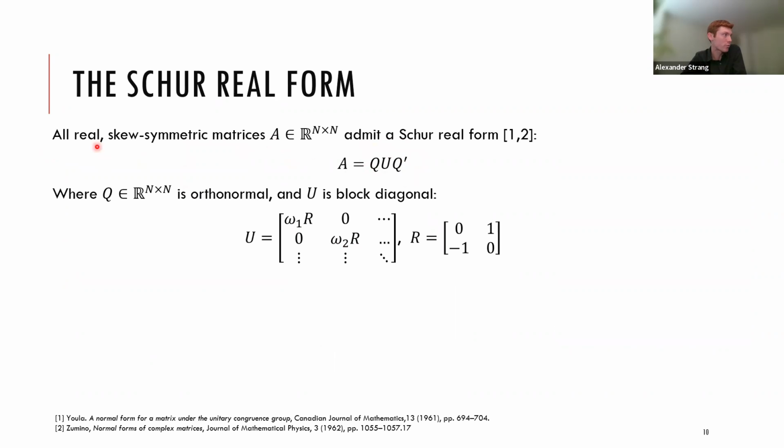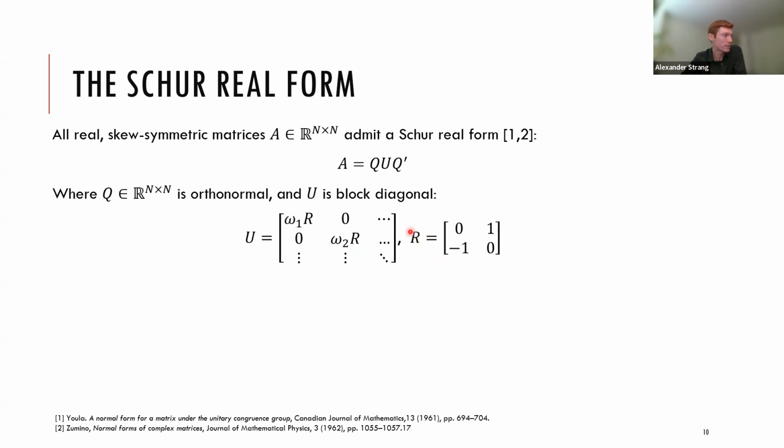If I start with some real skew symmetric matrix A, then I can represent it with what's called the Schur real form, where I break it into Q, U, Q transpose, where Q is an orthonormal square matrix and U is block diagonal. This differs from an eigenvalue decomposition in that U is block diagonal, not diagonal, and U is real instead of complex. Here, along the diagonal of U, we have a series of 2x2 blocks, where each 2x2 block is a little rotation matrix, and that generates the skew symmetry of the original matrix.